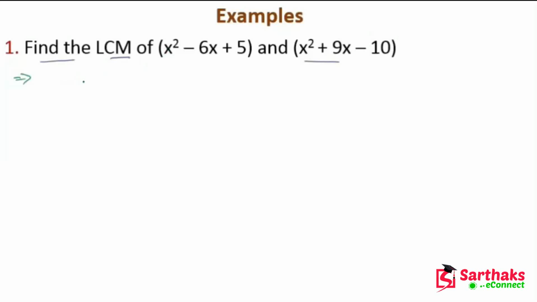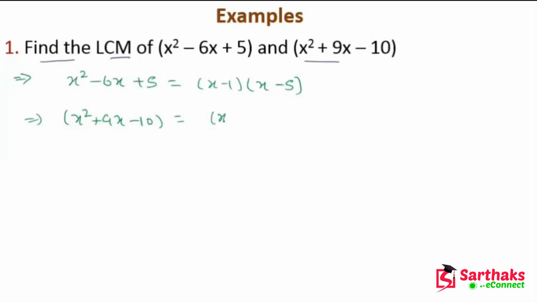So what are the factors? x square minus 6x plus 5 we can write as x minus 1, x minus 5 by the factorization method, and the factors of x square plus 9x minus 10 are x minus 1 and x plus 10.